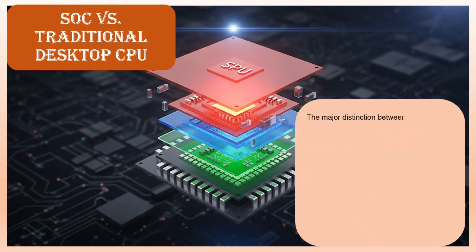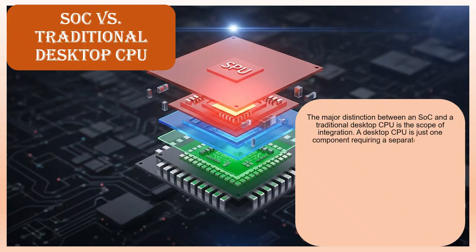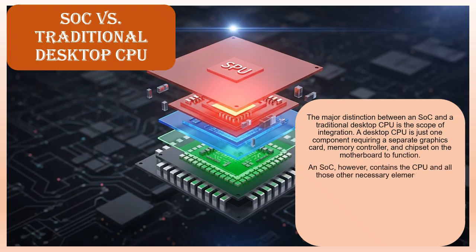SoC versus traditional desktop CPU. The major distinction between an SoC and a traditional desktop CPU is the scope of integration. A desktop CPU is just one component requiring a separate graphics card, memory controller, and chipset on the motherboard to function.